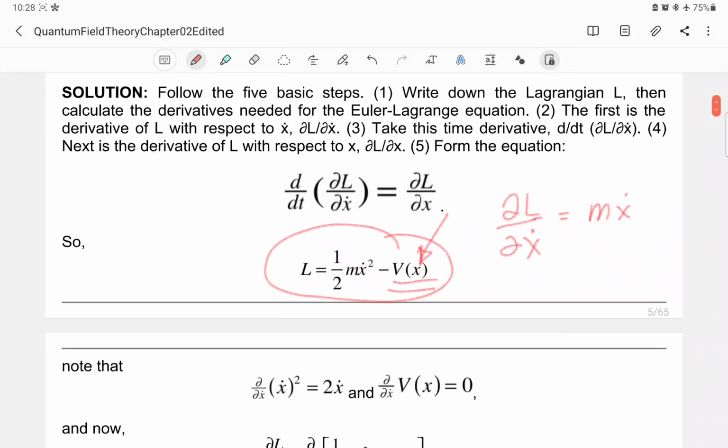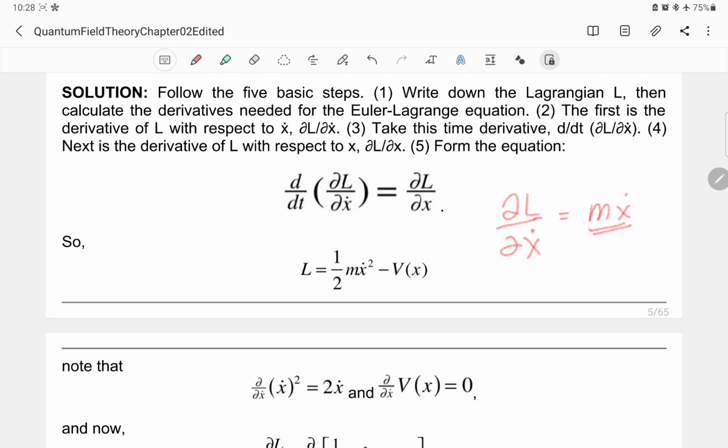For this Lagrangian, the derivative with respect to x dot is just m x dot, because you don't have an x dot in the potential.